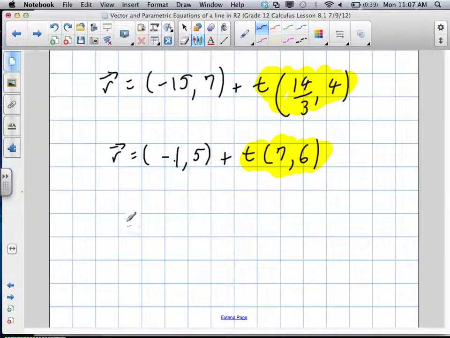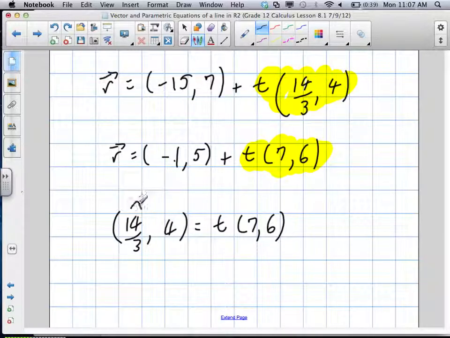Can 14 over 3 and 4 be equal to some scalar of 7 and 6? In other words, can this x value be equal to ta, and can the y value be equal to tb?